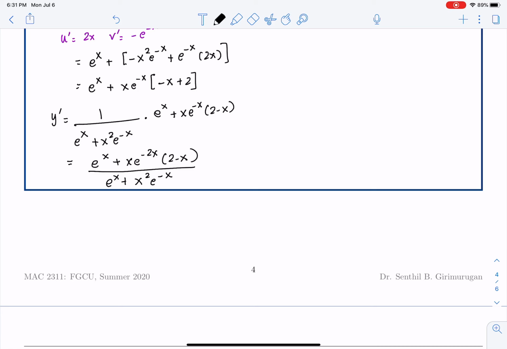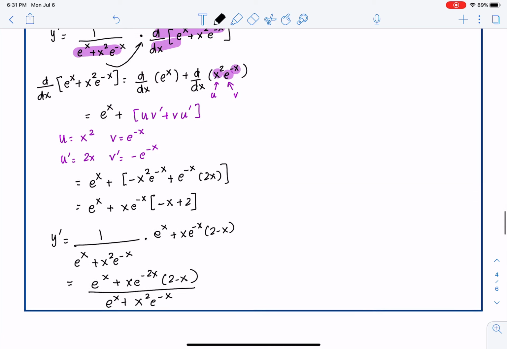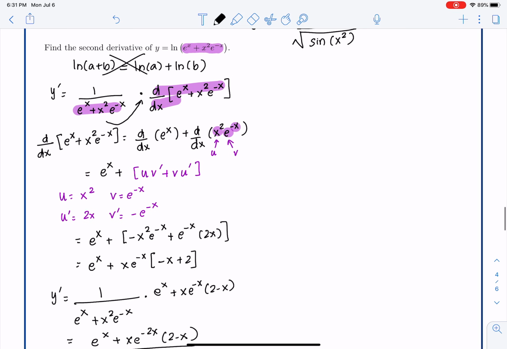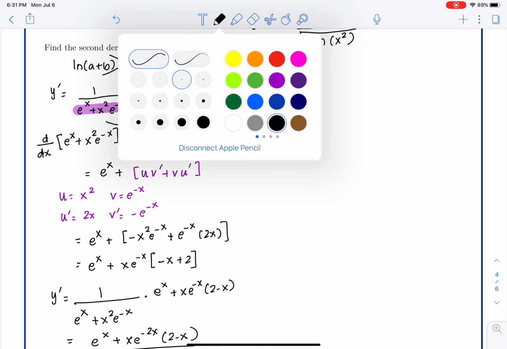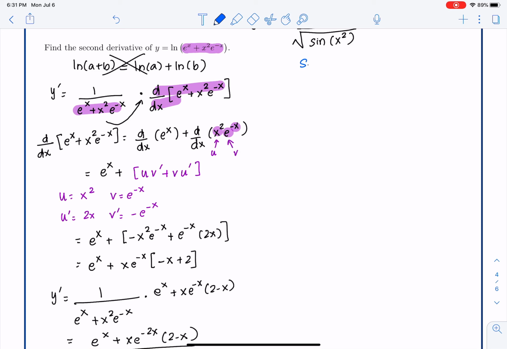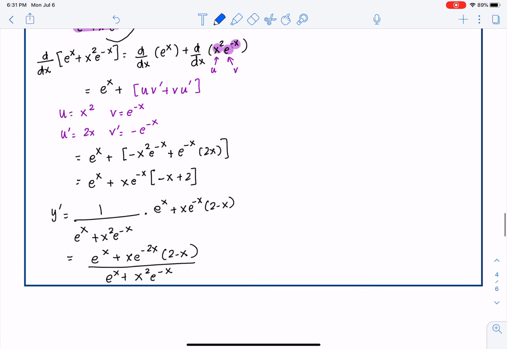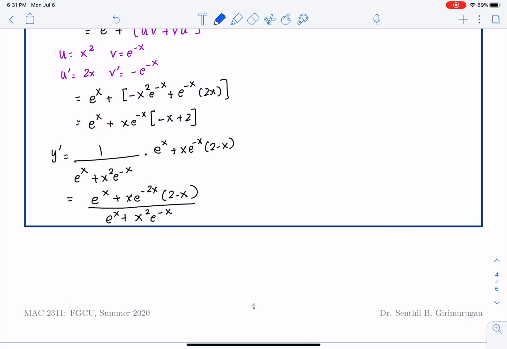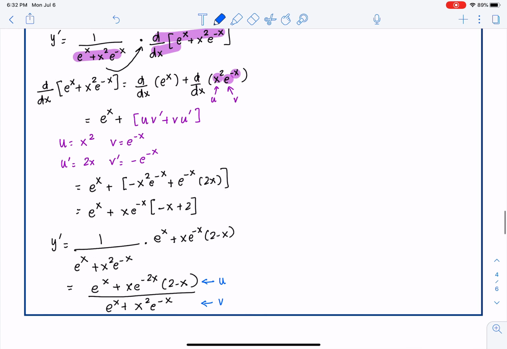Okay, that is the first derivative. Now we have to find the second derivative, which would be the derivative of the first derivative. So that is u and that is v.